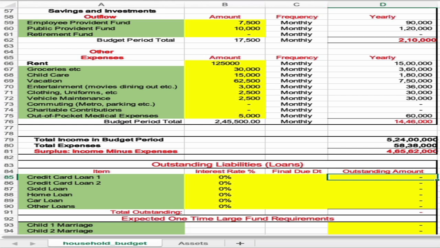Let's say you have nothing on credit card loan, but you have taken a gold loan for the side business that you are not supposed to do, but you have taken a gold loan and let's say that's for 15 lakhs and all 15 lakhs is still outstanding.